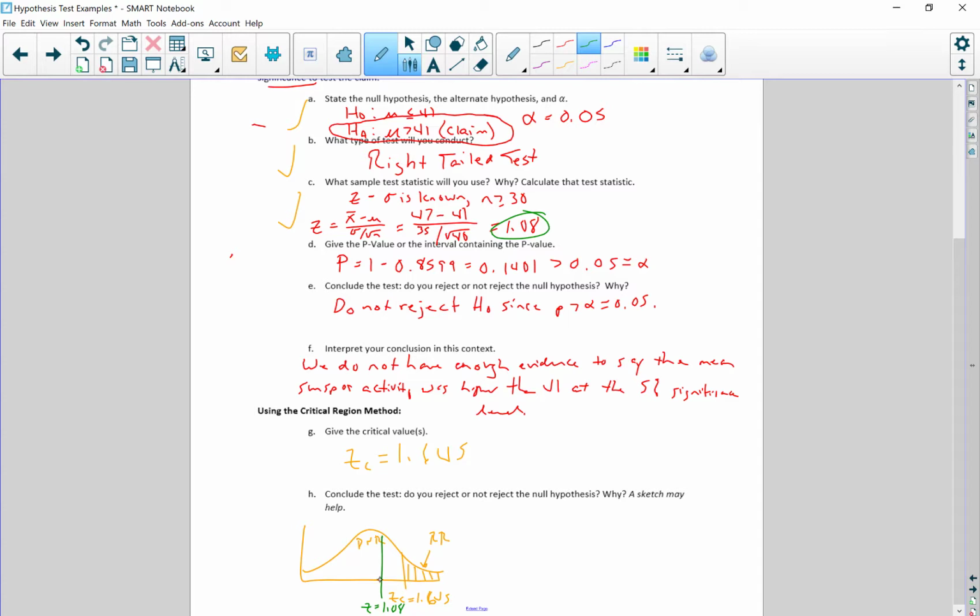And in this case, it lies in our do not reject region, so we do not reject the null, because our z value does not lie in the rejection region. And that's all there is to it.